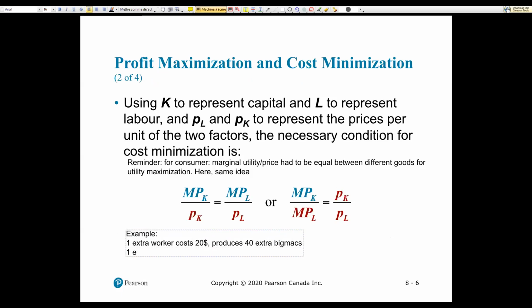One extra machine, say a cooker or stove, costs $2,000 because it's very expensive, but I can produce much more with it. So it produces, say, 100 extra Big Macs.